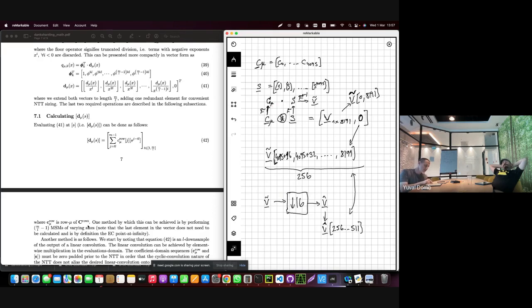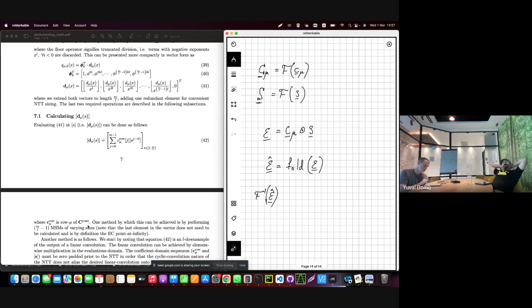So this just requires a small change here. It requires that I don't Fourier transform this, but a zero-padded version of these. So the size here is now not 4096, but 8192.